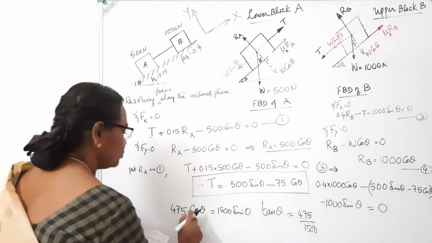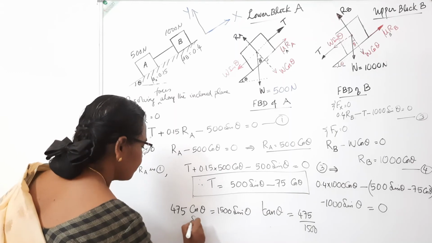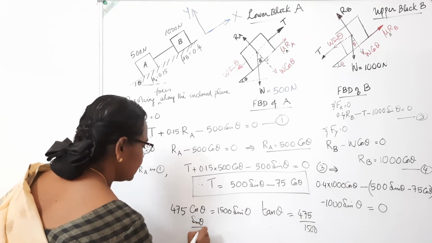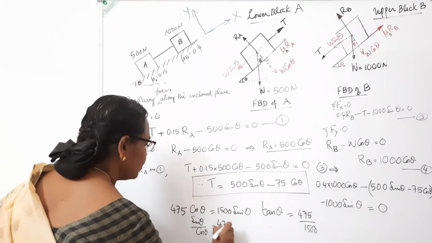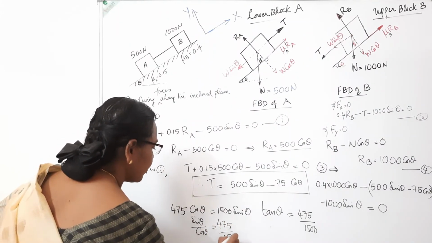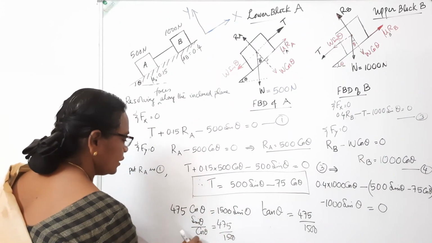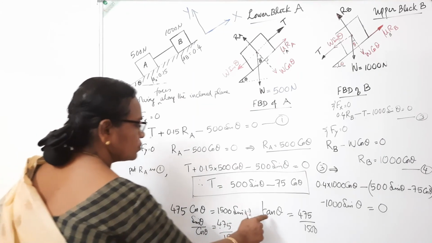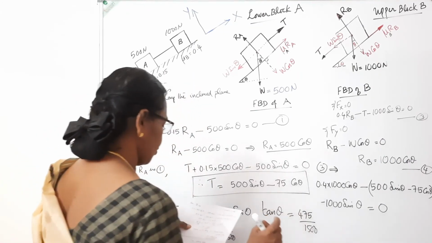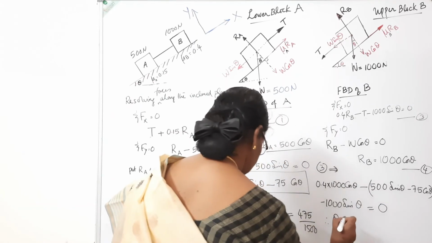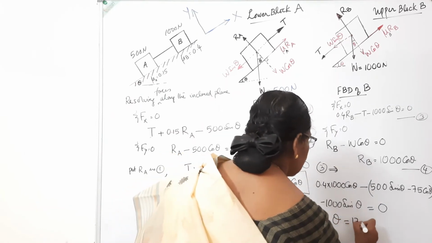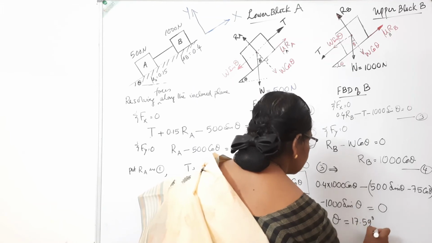So 1500 sin theta equals 475 cos theta, and tan theta equals 475 by 1500. Hence we get theta is equal to 17.59 degrees.